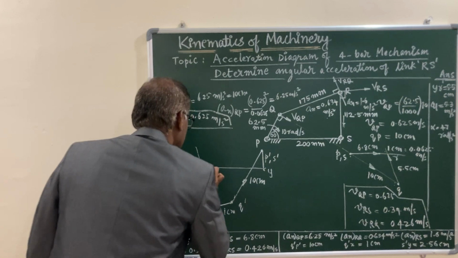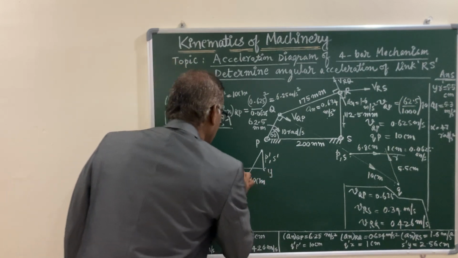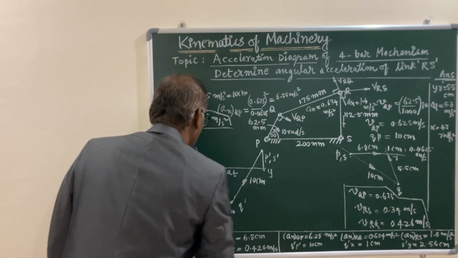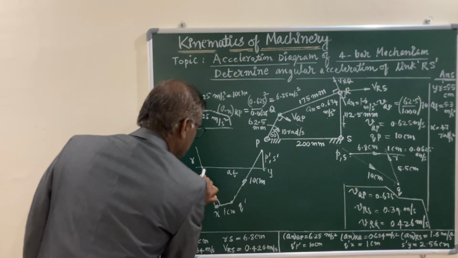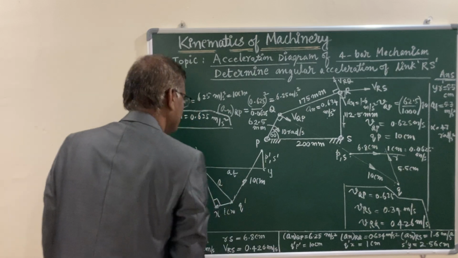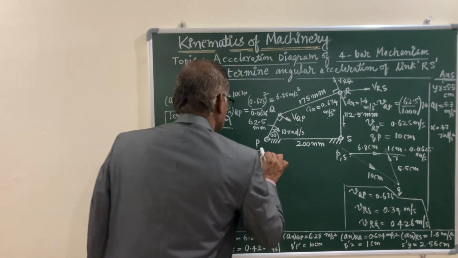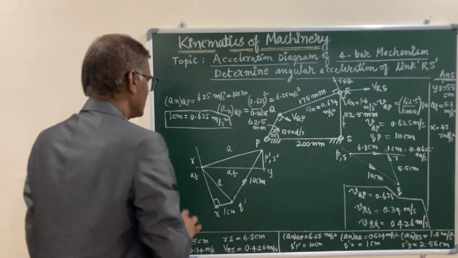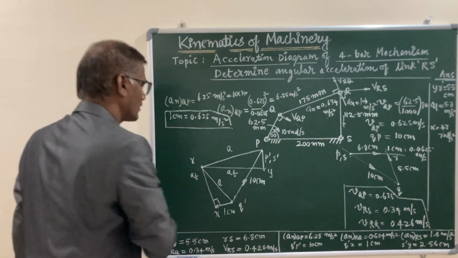Where it intersects is your required point r, and this is your tangential component. Joining these two is your resultant, that is total acceleration A, and joining these two is also total acceleration A. Now you have got all the components.